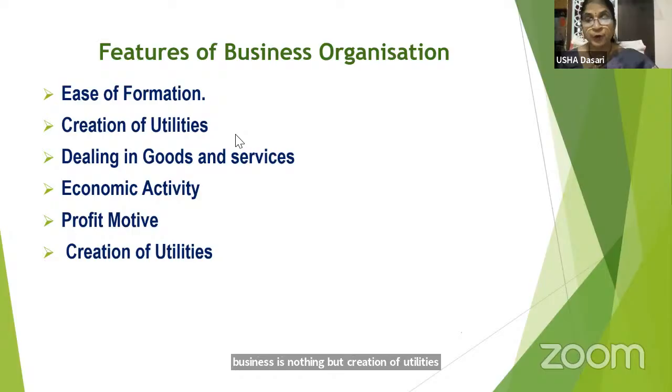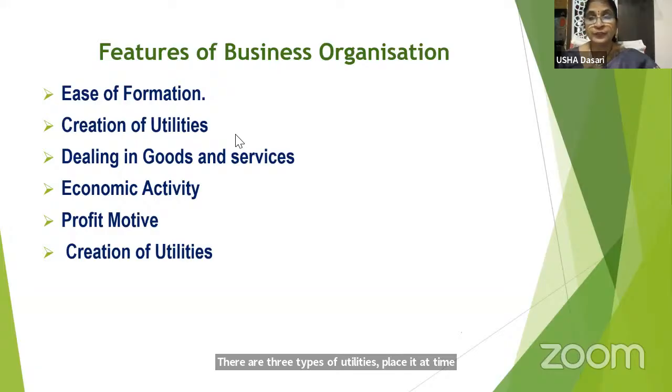That is very important so that consumers may use them. For example, what utilities can you create if you want to start a business? There are three types of utilities: place utility, time utility, and form utility.